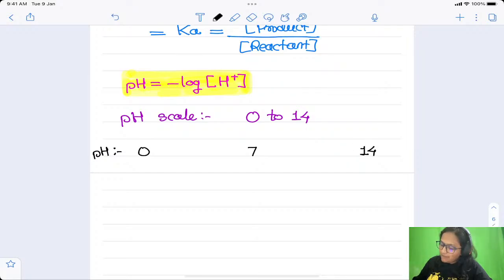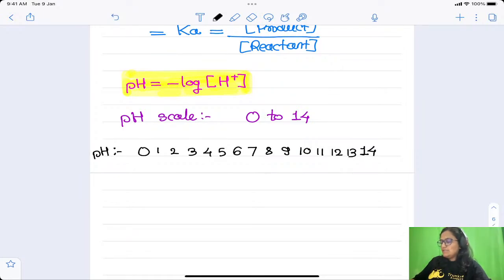Meanwhile there will be 0, 1, 2, 3, 4, 5 and 6. There will be 8, 9, 10, 11, 12, 13 and 14. This is nothing but the pH scale, starting from 0 to 14.